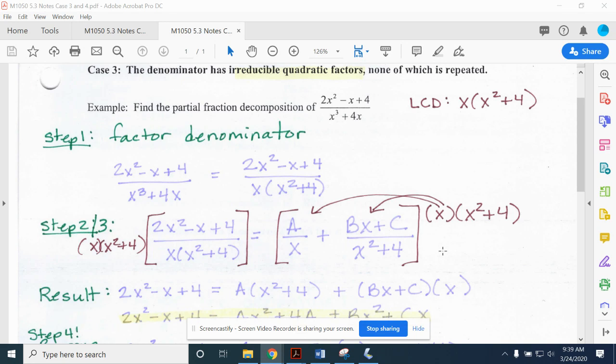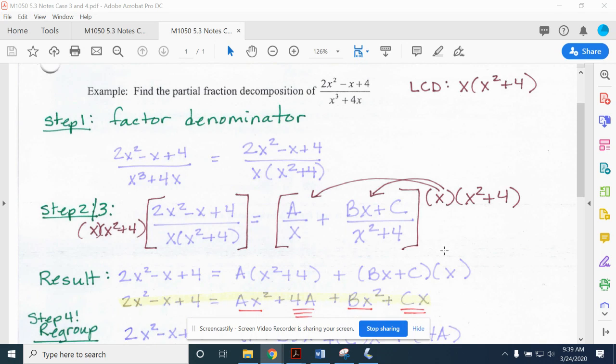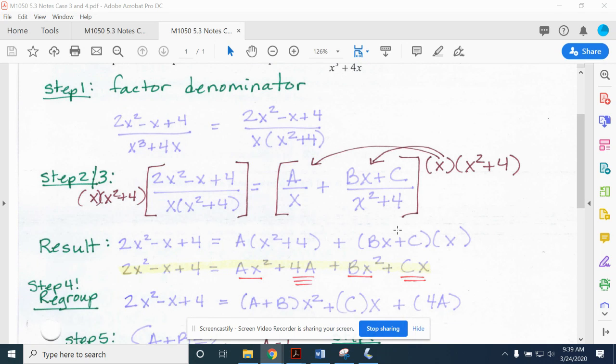We're going to multiply by the LCD and eliminate the denominators. I end up with the numerator on the left-hand side, and then A times x squared plus 4, because the x cancels out. And then the second binomial is going to be multiplied by just x, since the x squared plus 4 factors simplify and cancel out to be 1.